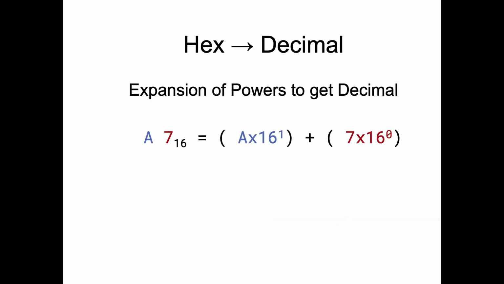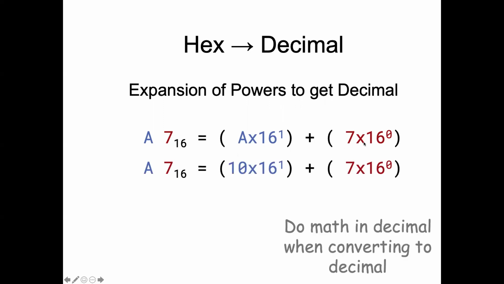As a positional number system, hexadecimal follows the same rules as our base 10 and our base 2 number systems. Every hexadecimal digit is worth whatever that digit's face value is times some power of 16. So A7 in hexadecimal is worth A times 16 to the first, and that A is really just another word for 10, plus 7 times 16 to the 0.